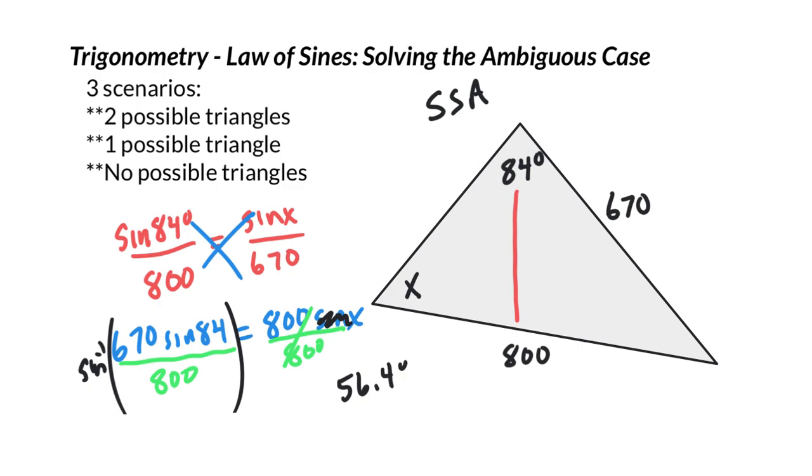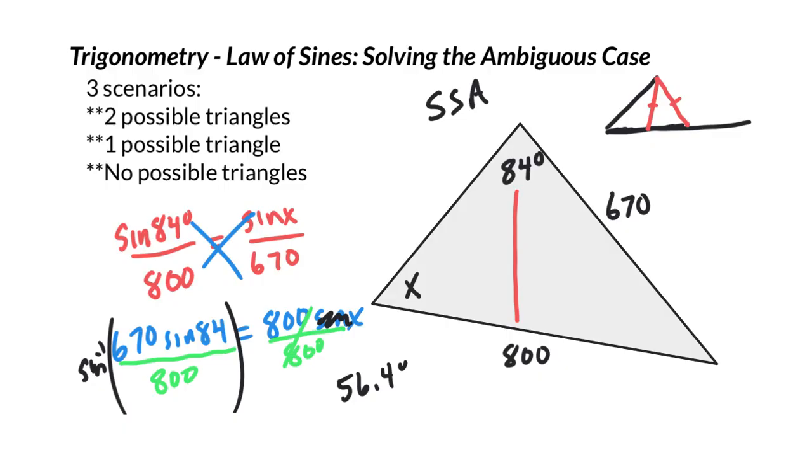We need to check that case where that third side could do this or this. And the relationship between those angles would be that they would be supplements of one another.